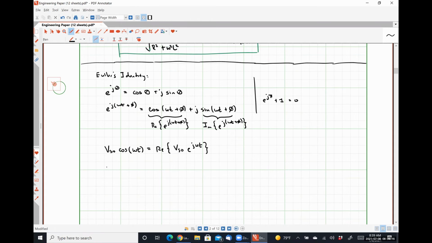And similarly, I naught cosine omega t plus theta I is simply the real part of I naught e to the j omega t plus theta I.